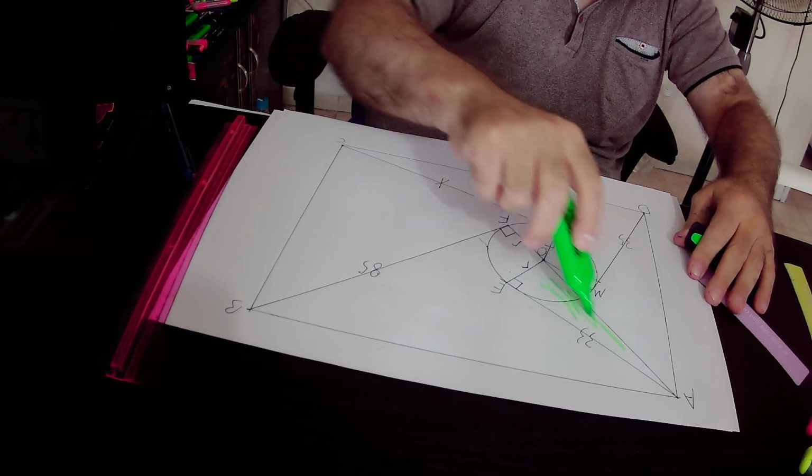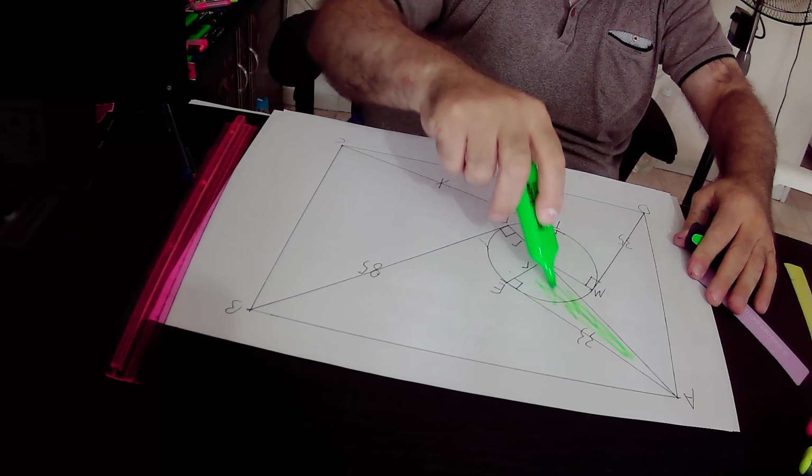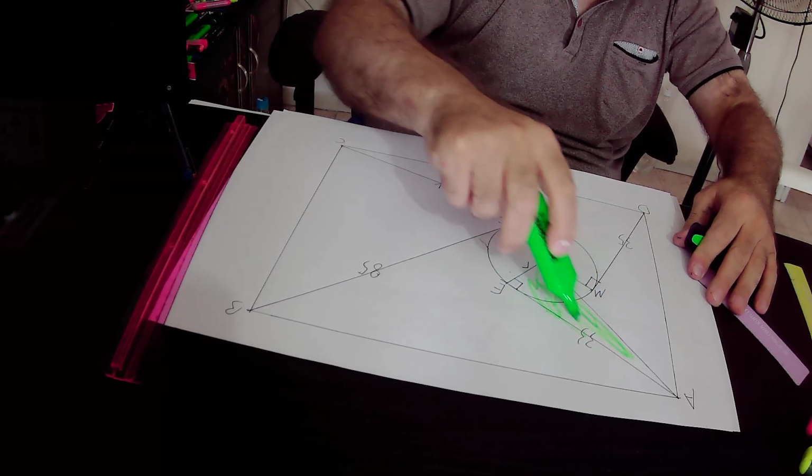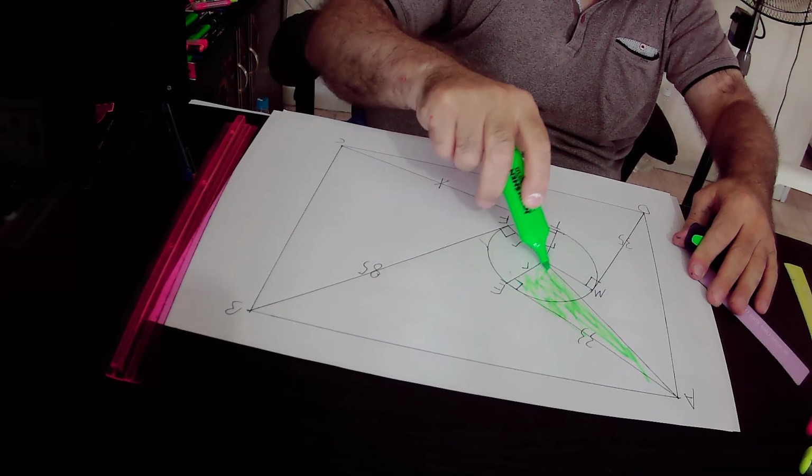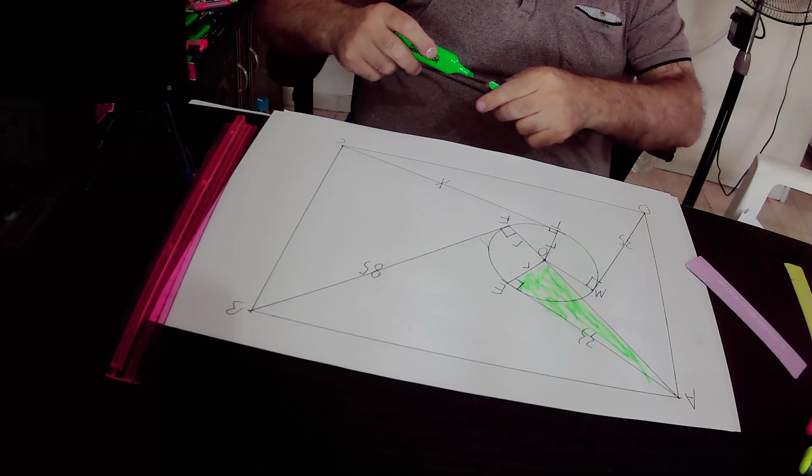So we actually implement the Pythagoras theorem on the right green triangle, triangle AOE.